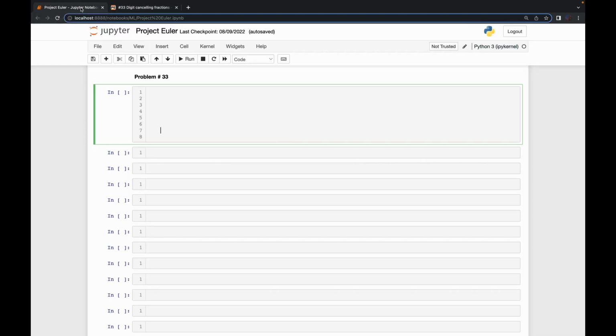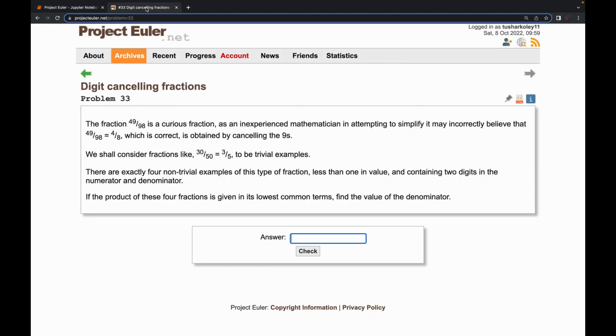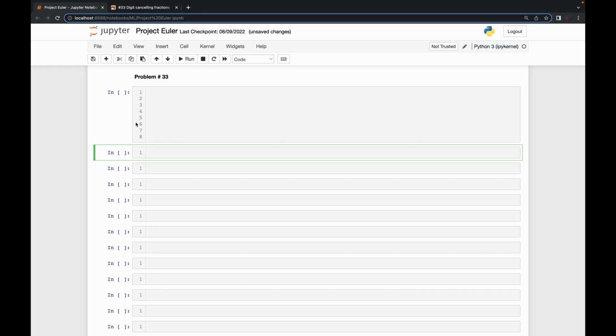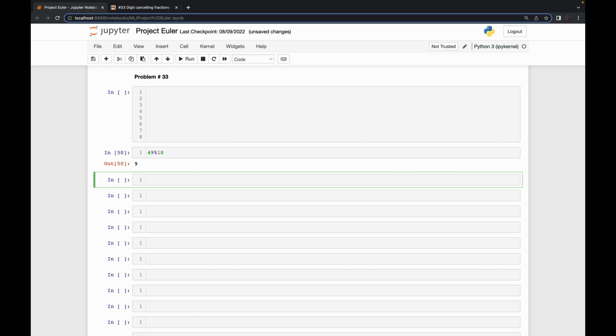So first of all, let's say our number is 49 divided by 98. If I want to find the 9 in the numerator 49, I can just use modular division by 10. And how do I get the 4?